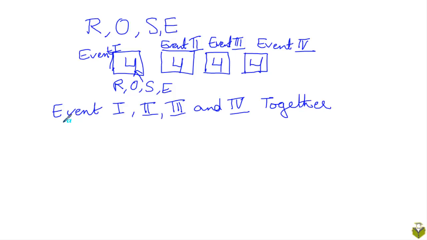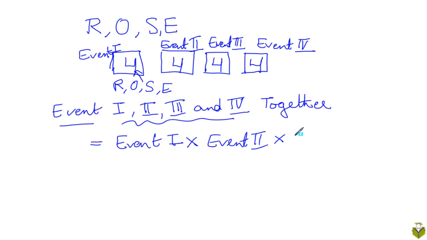The number of ways in which these events happen together, right? So in fundamental principle of counting, what we do is that we multiply the number of occurrences for event 1, event 2, event 3, and event 4, right?